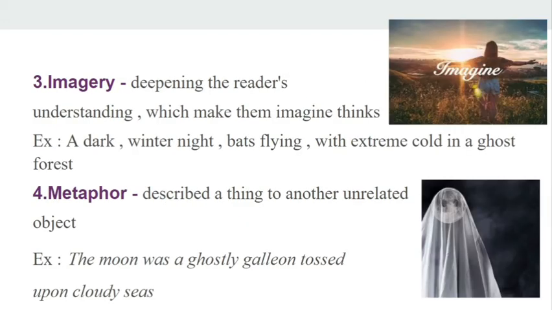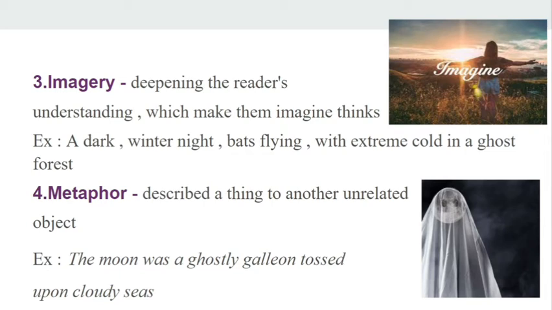Now the third poetic device is imagery. Imagery is a poetic device which deepens the reader's understanding, or we can simply say that imagery are the words which make the reader think or which make the reader imagine a situation. An example is given: a dark winter night, bats flying with extreme cold in a ghost forest.